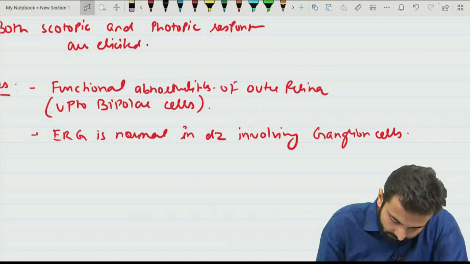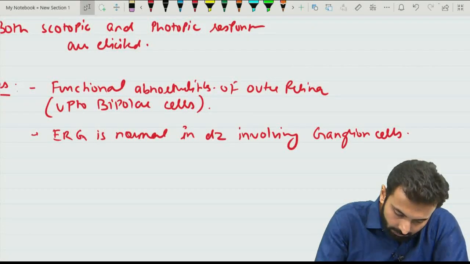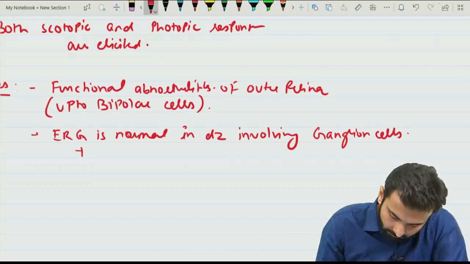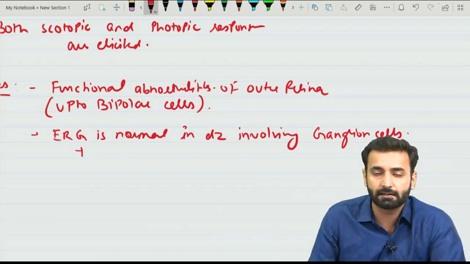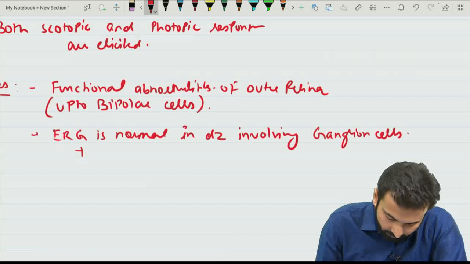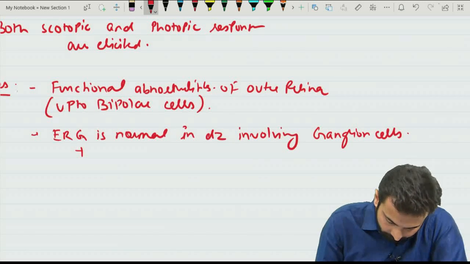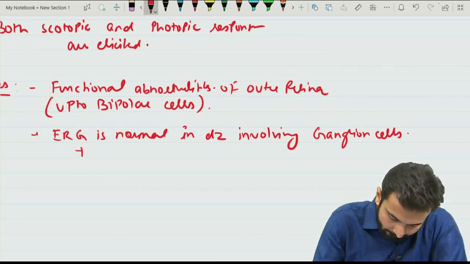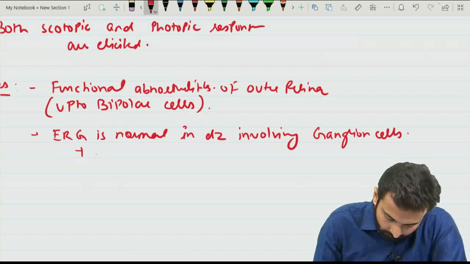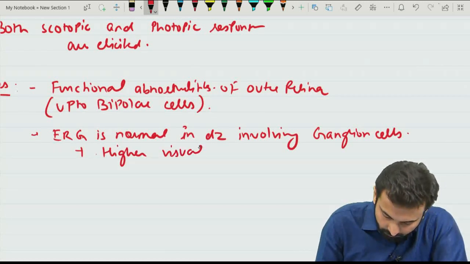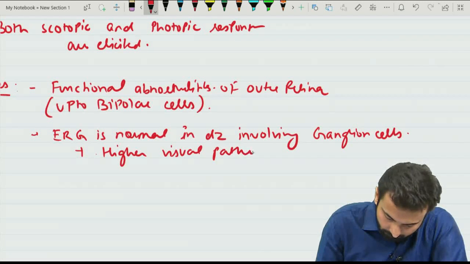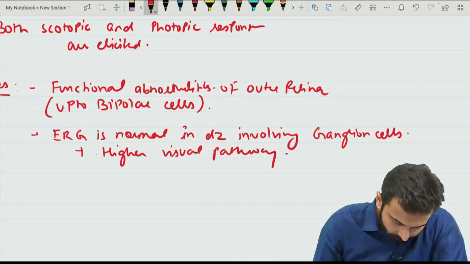Ganglion cells plus higher visual pathway. It will be normal in diseases involving ganglion cells plus higher visual pathway, right?